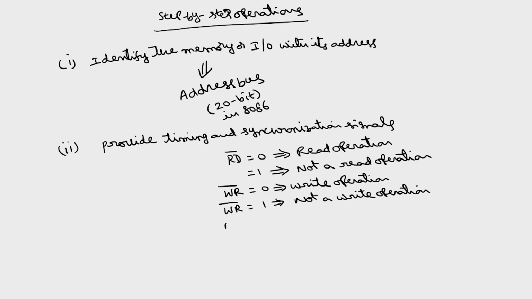So, there is a signal called M by IO bar signal. If this is equal to 1, the operation refers to a memory operation. If this is equal to 0, it implies an I/O operation.